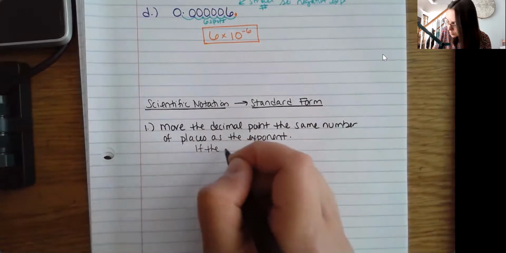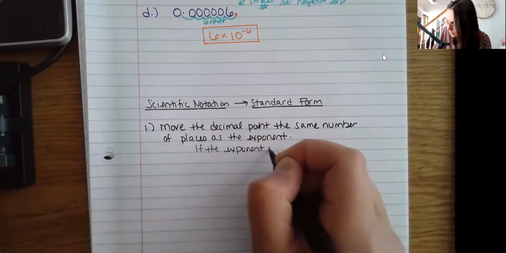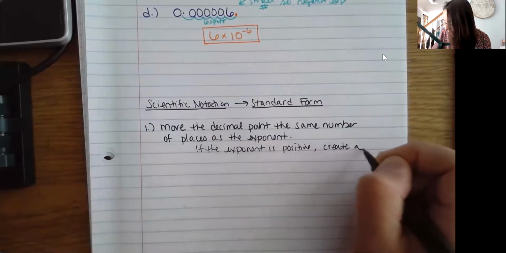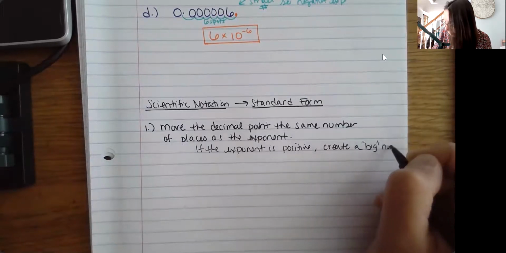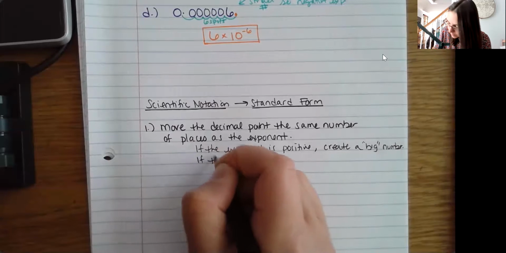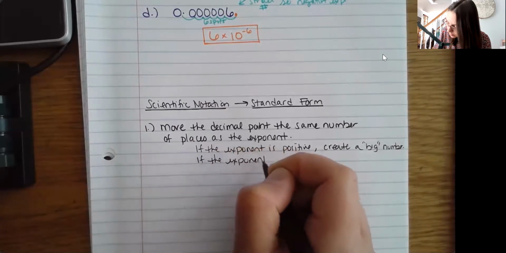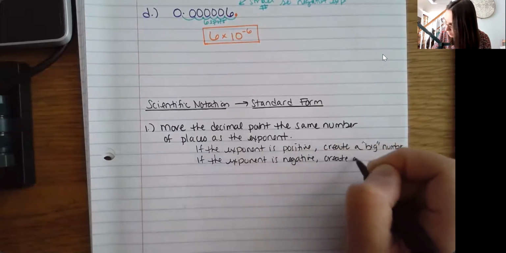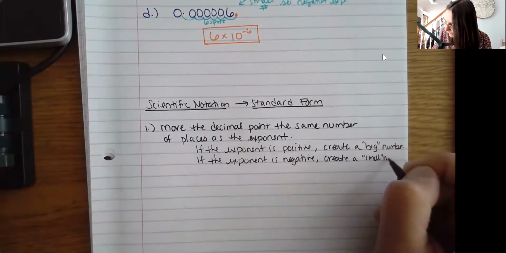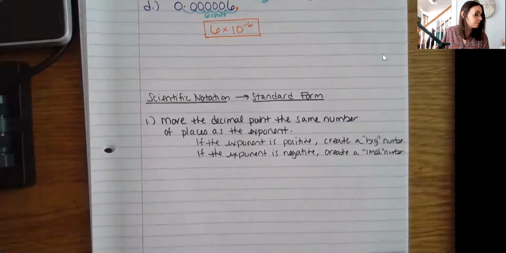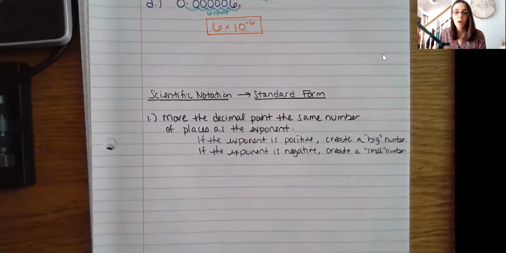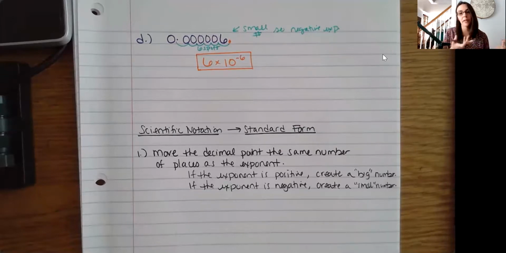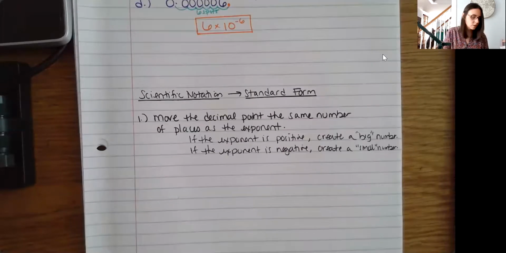If the exponent is positive, create a big number. And if the exponent is negative, create a small number. And really that's basically it, right? So when we have a power of 10, we're really just multiplying or dividing. So you're either moving your decimal right or left in this case. So let's do some examples.